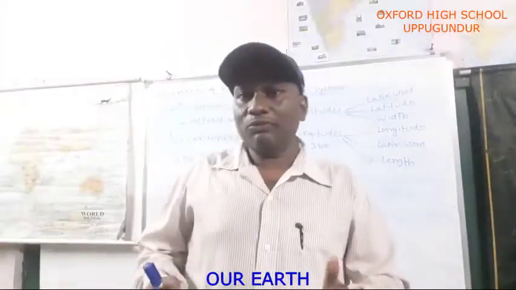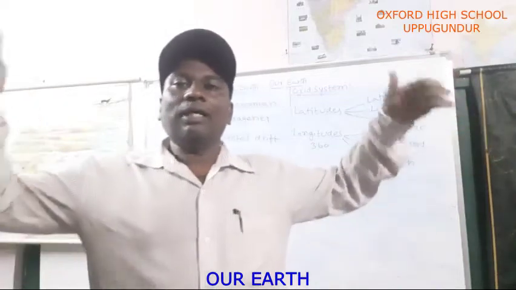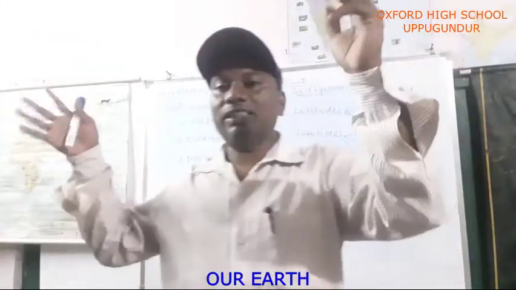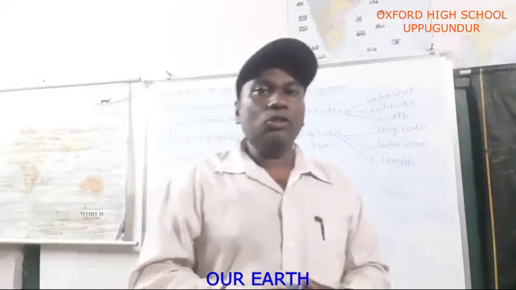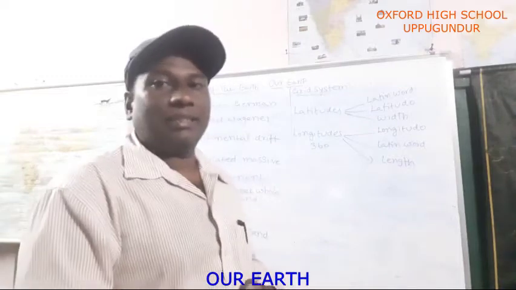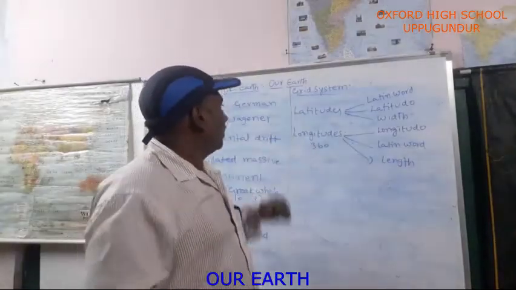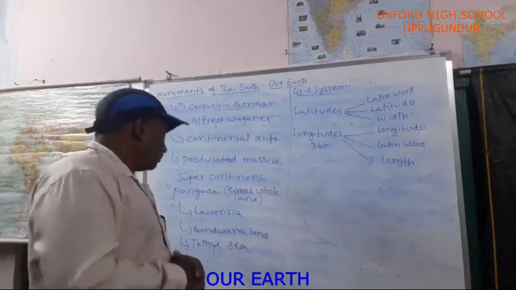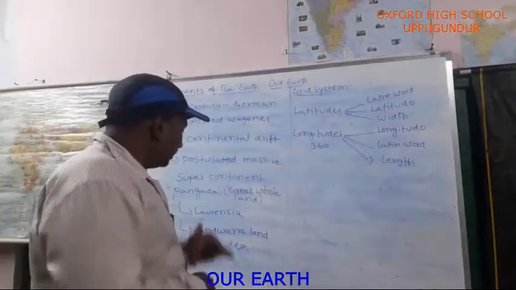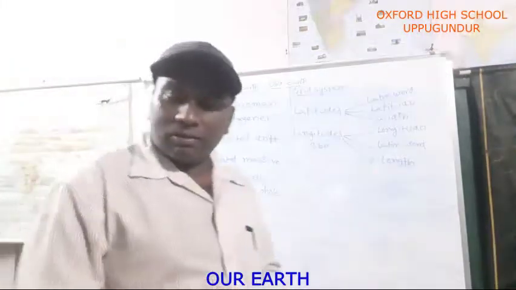Now, in the present day, we are observing the continents and their directions and shapes. Earlier, continent shapes were different. Only two continents were present earlier. Those are Laurentia and Gondwana land. In Laurentia, which parts are located?